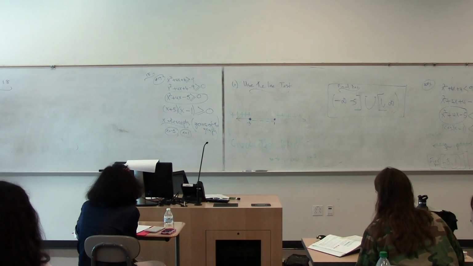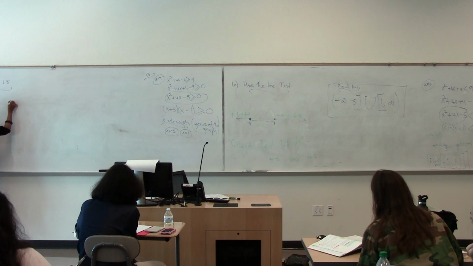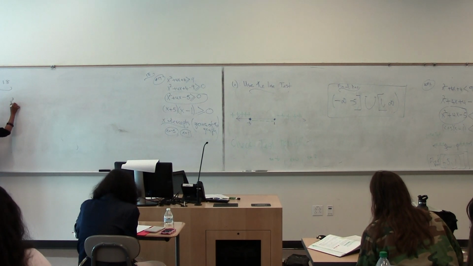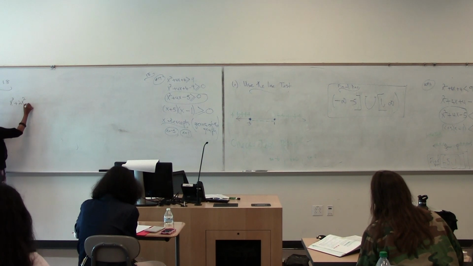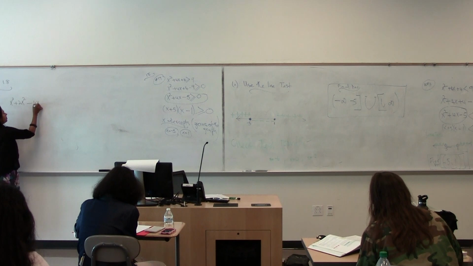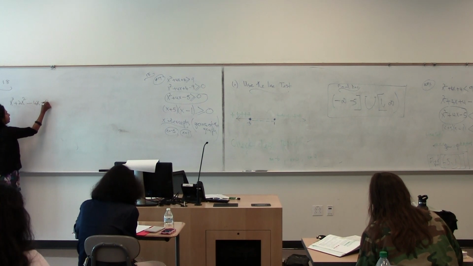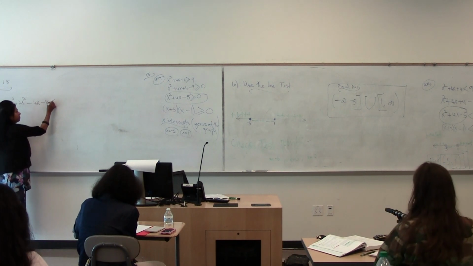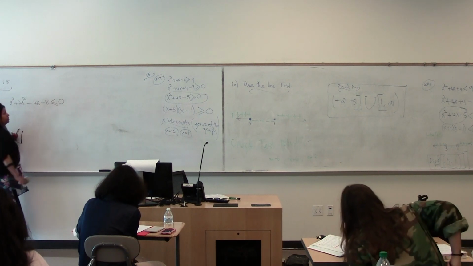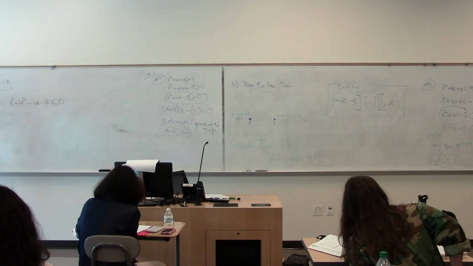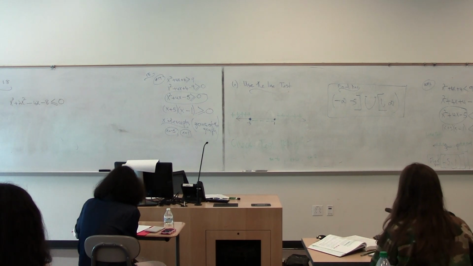What is it? x to the power 3 plus 2x squared minus 4x minus 8 is less than or equal to 0. Now this is a power 3 inequality.